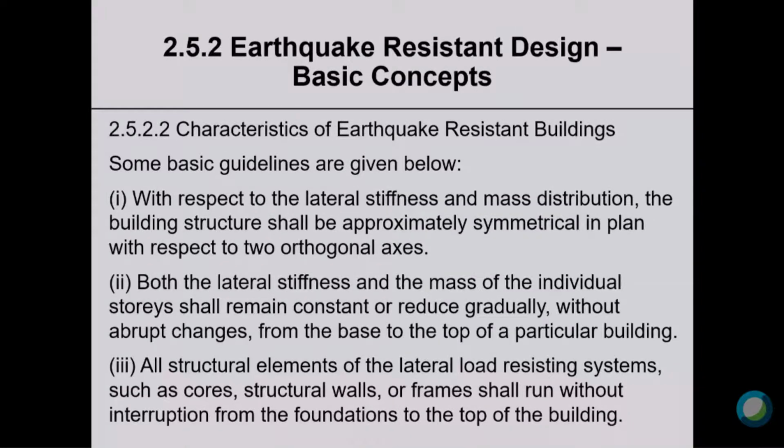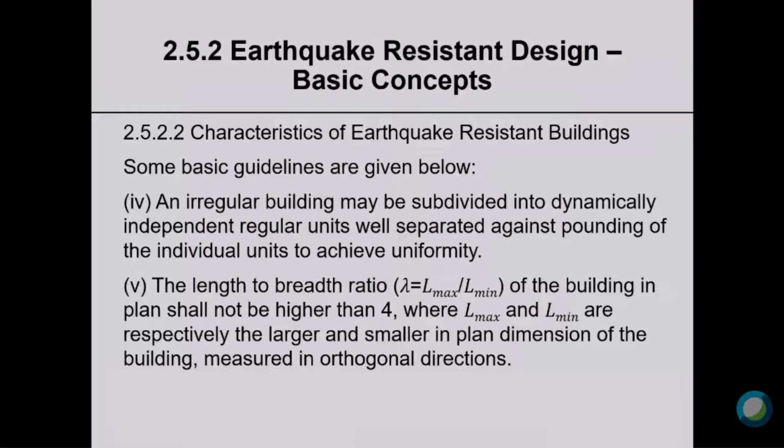An irregular building may be subdivided into dynamically independent regular units, well separated against pounding of the individual units, to achieve uniformity. This is very, very difficult to do, in my opinion. So the suggestion is that you have an irregular building, let us say a U-shaped building.